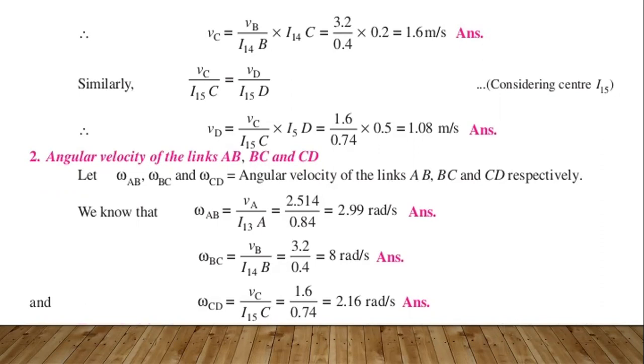So we know that for any angular velocity, we need to take the velocity of the point and the instantaneous center of that point. So for the angular velocity of AB, it is taken as velocity of A by instantaneous center of 13 to the A position.